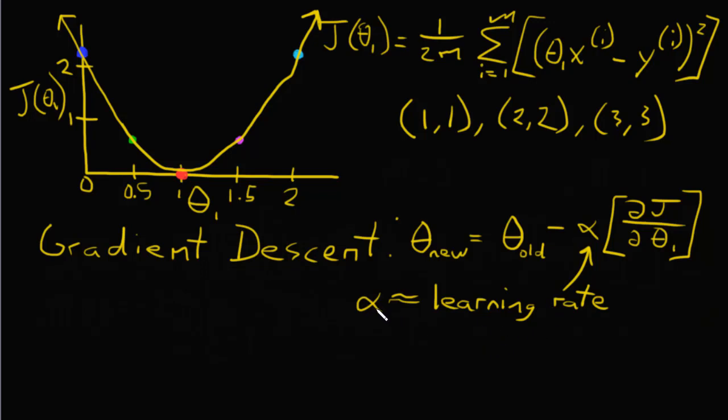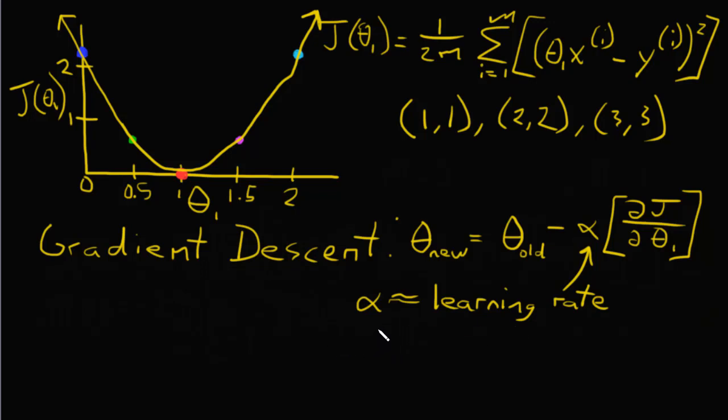If you have an alpha that is too large, it will not zero in on the solution. It will wind up diverging, and the theta value will go up to infinity. If the alpha is too small, it will take a long, long time for it to find the minimum. So you need something that is somewhere between divergence and taking an infinite amount of time.